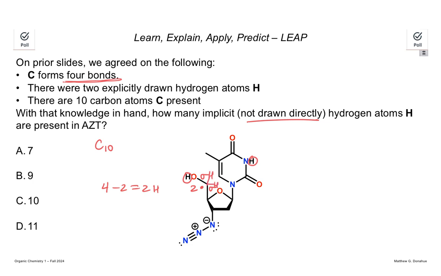So now we have 4 bonds total. And in the drawing convention, H atoms on carbon are not typically shown. And again, the reason for that is just a time element. It's just assumed that they are.